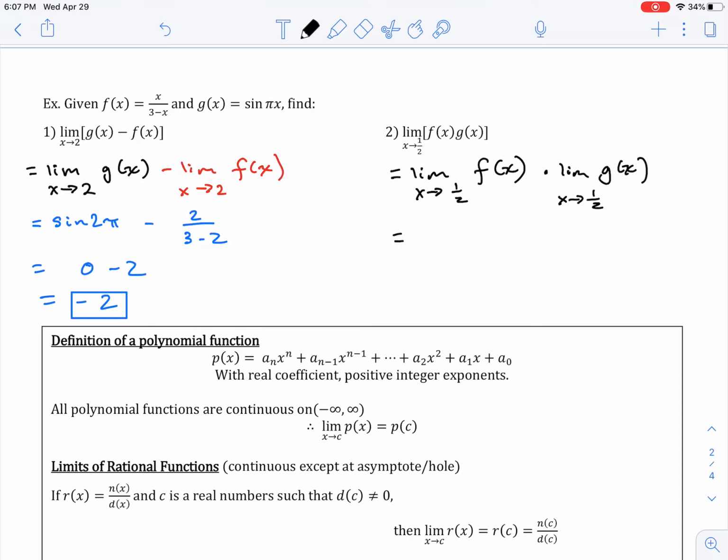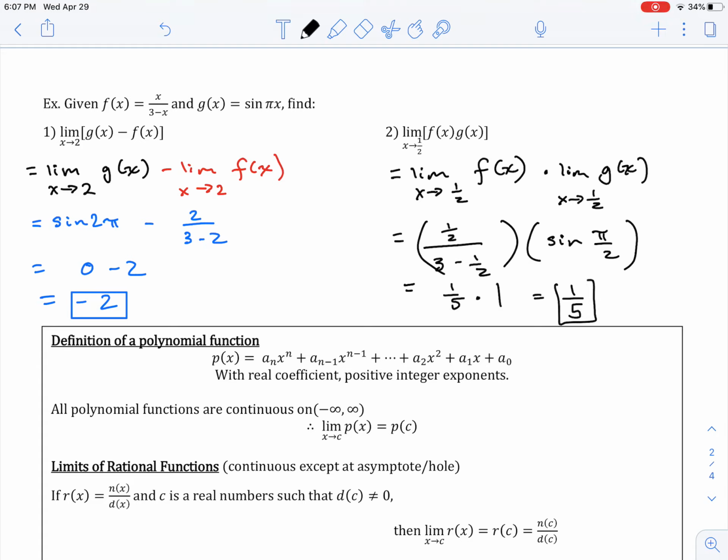If that's the case, think about what the limit's giving you. We can use direct substitution to say the following. There's this first limit, and then do sine of pi over 2. And this should just simply give you 1/5 times 1, which is just equal to 1/5. So there's your limit.